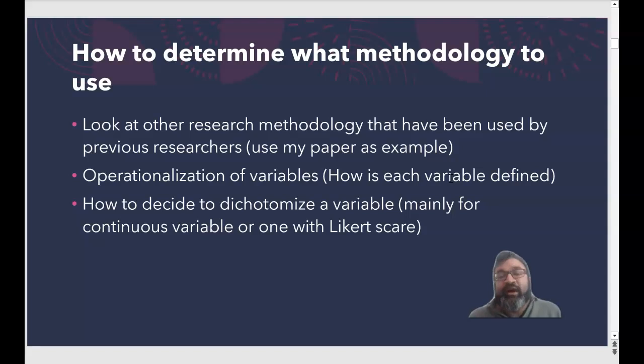However, the problem is, how do you interpret that? Say you're trying to run a logistic regression for obesity, and BMI is possibly an outcome variable. How do you actually interpret that when this is a continuous variable? Alternatively, what you can do is dichotomize this variable into obesity present and obesity absent.